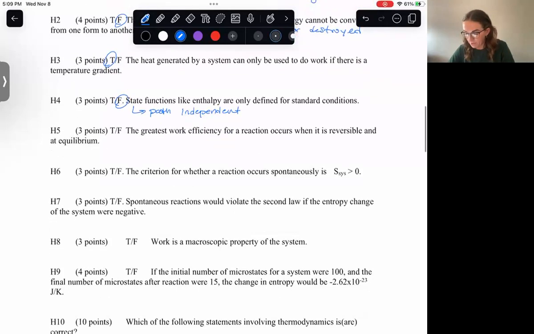Okay, question 5. The greatest work efficiency for a reaction occurs when it is reversible and at equilibrium. True or false? Yep. Can someone tell me why it's true?